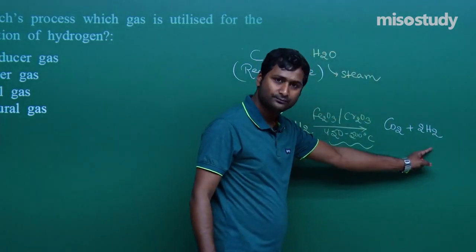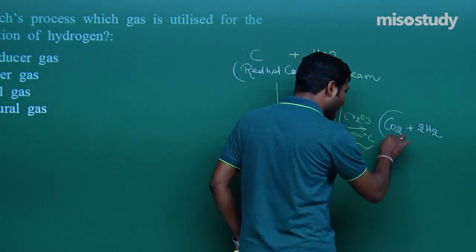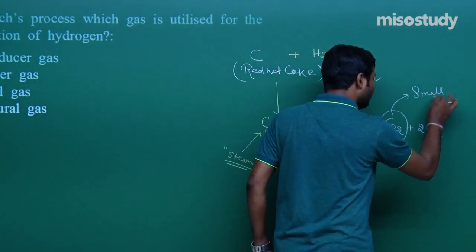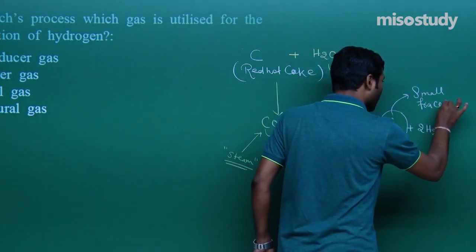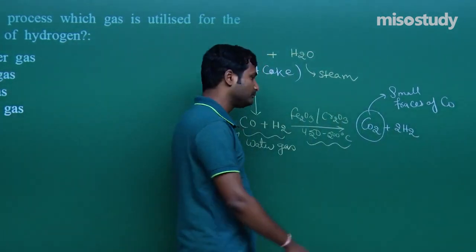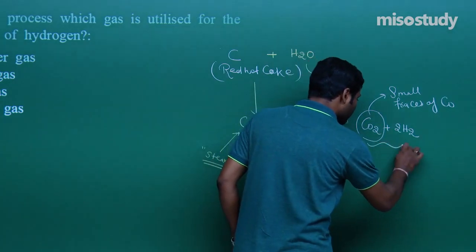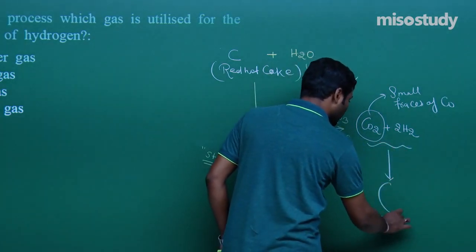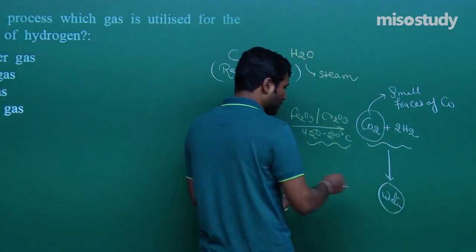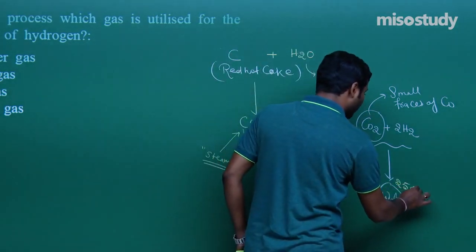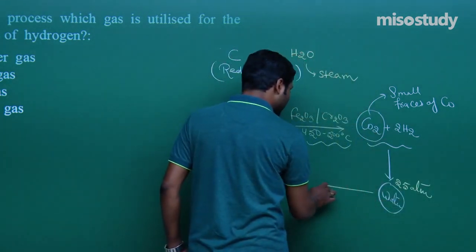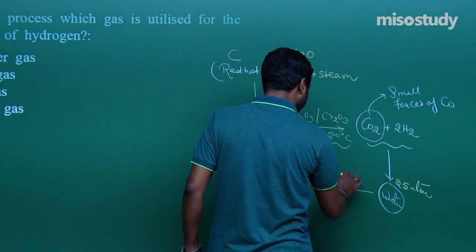This is hydrogen. It also contains small traces of carbon monoxide. Now, this is treated with water again at a pressure of 25 atm. Then, friend, what will happen? This CO2 will be absorbed.